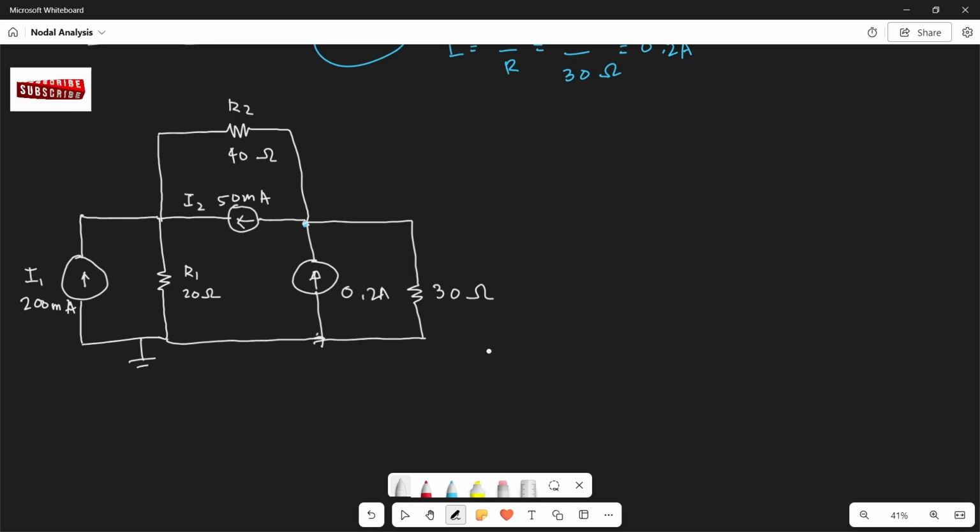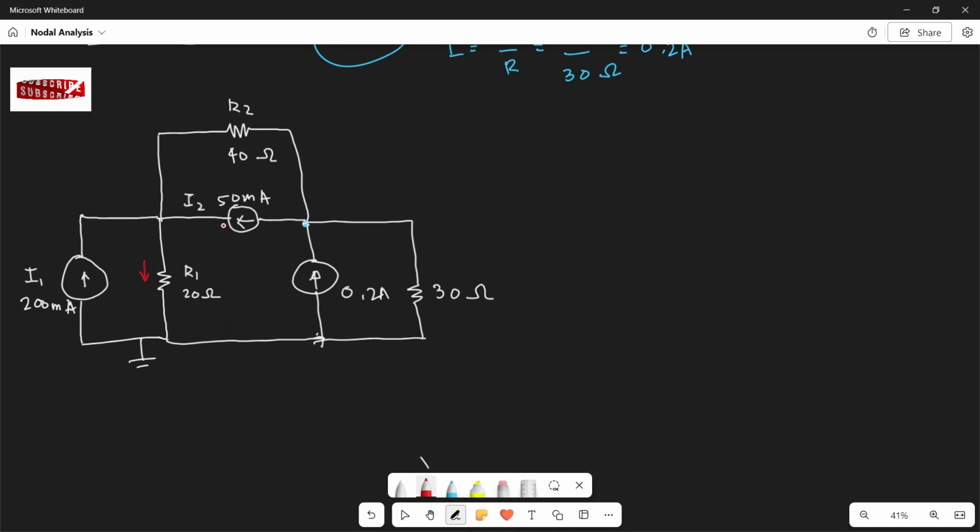The third step is to assign an arbitrary direction of the currents through the resistors. Since this current source is going in this direction, we assume that the current through R1 is going in this direction.